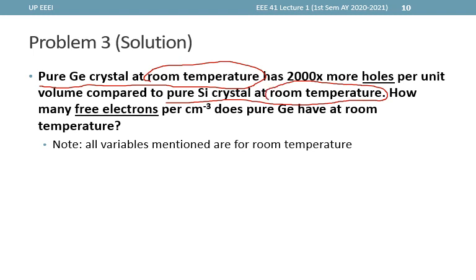So how many free electrons per cubic centimeter does pure germanium again have at room temperature? That's important since what we know for silicon crystal at room temperature is that Ni is equal to 10 to the 10.